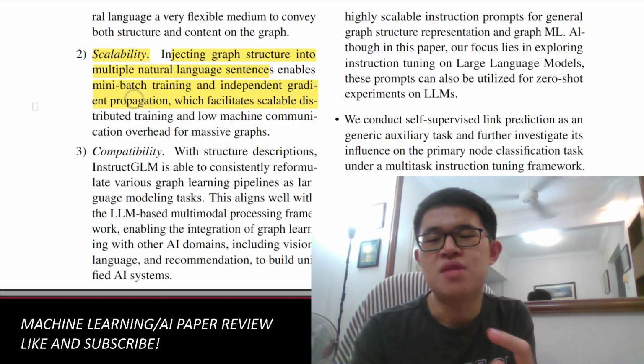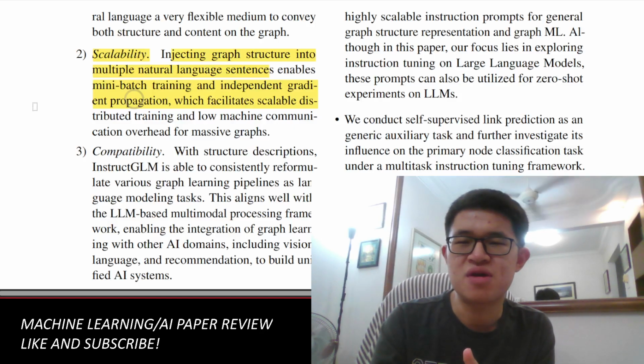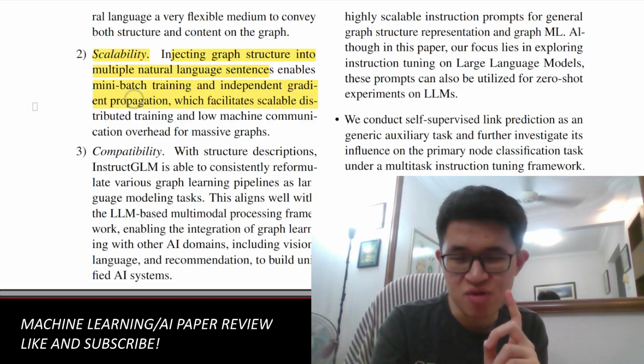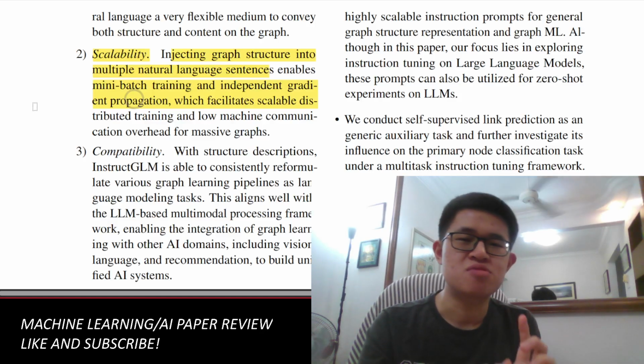Now with GNNs, right, GNNs can be trained batch-wise, but the LLMs can also do the same.